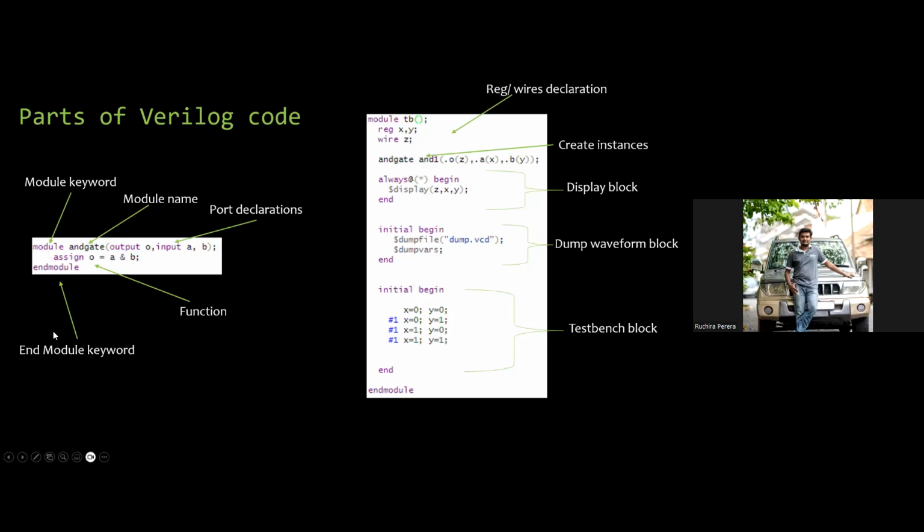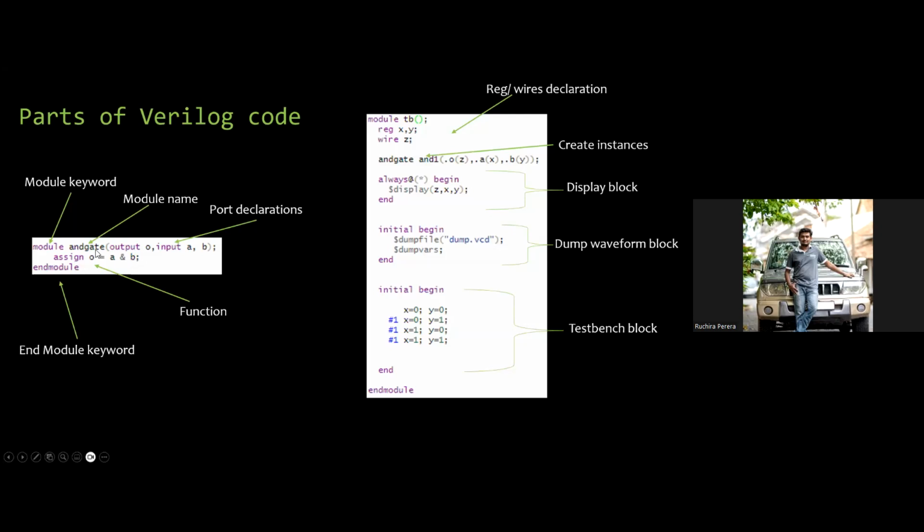This is the module keyword and the endmodule keyword. The module name here, and port declarations. That means all the ports that we are going to use within our module, we need to describe them here. I need an output port, two input ports, and then the function in the body.